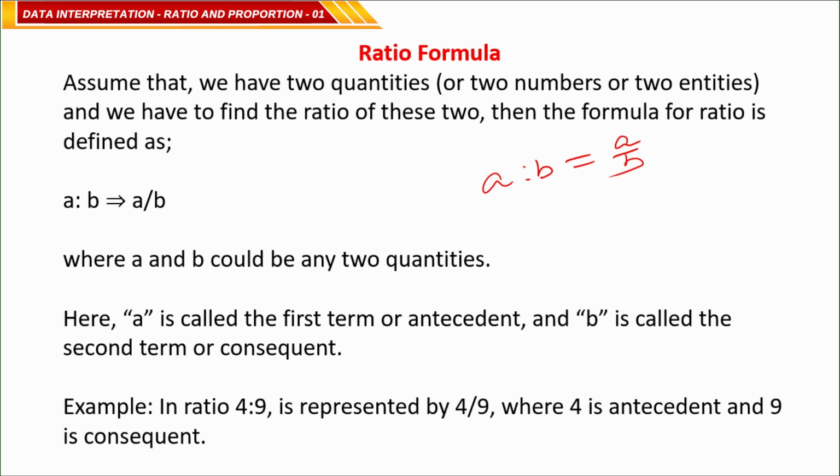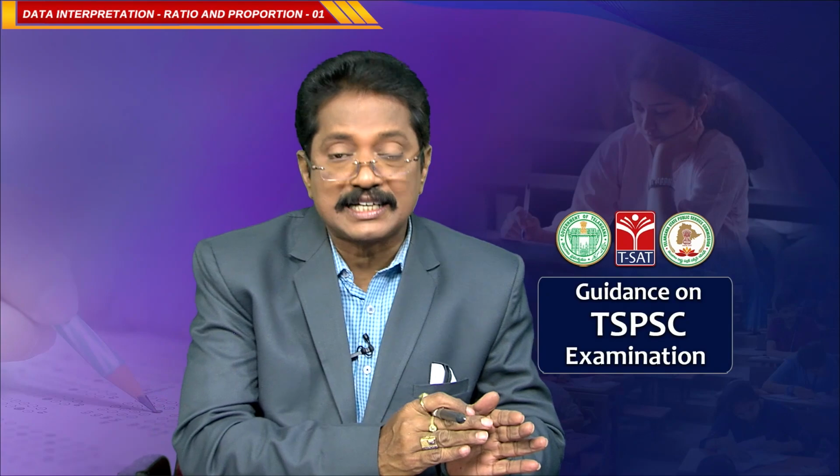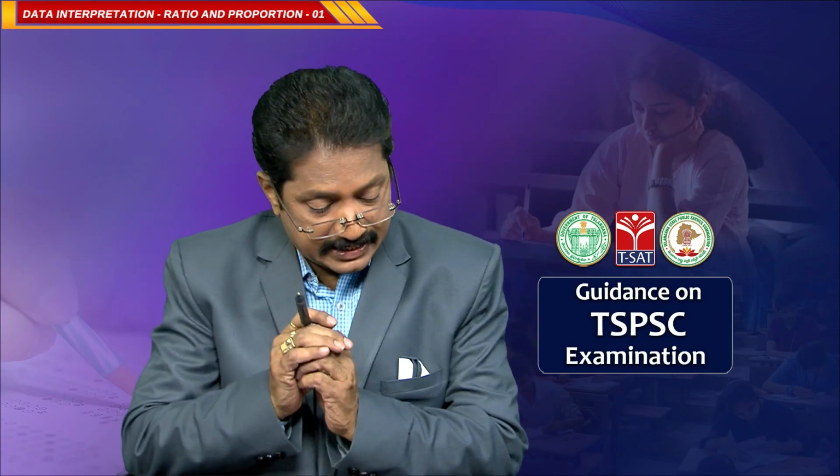The terminology is very important. In A is to B, the first term is called antecedent and the second term is called consequent. So, this terminology is very important, antecedent and consequent. We have to know which is the first term and the second term.